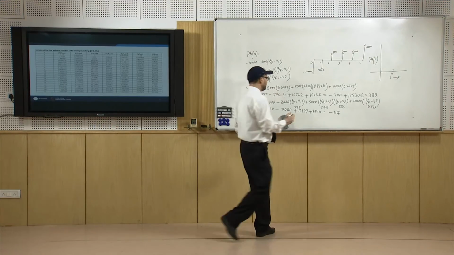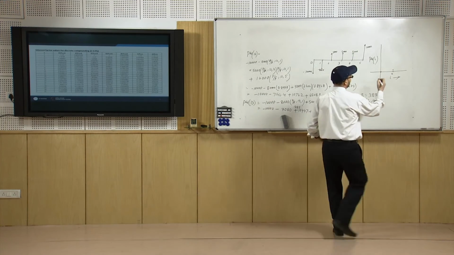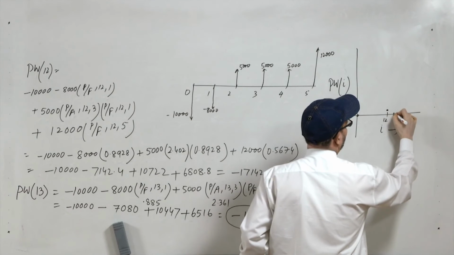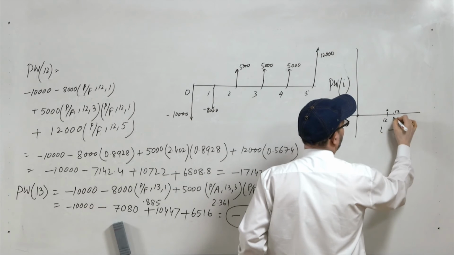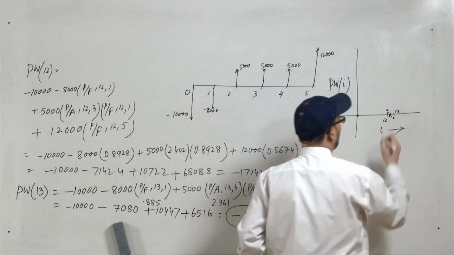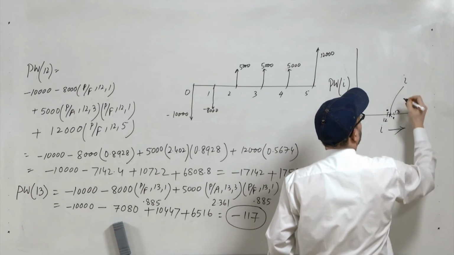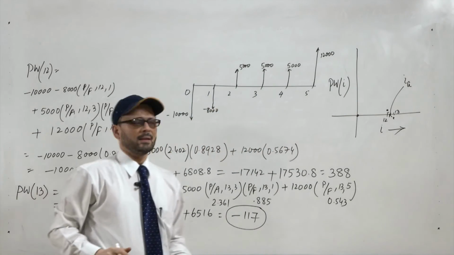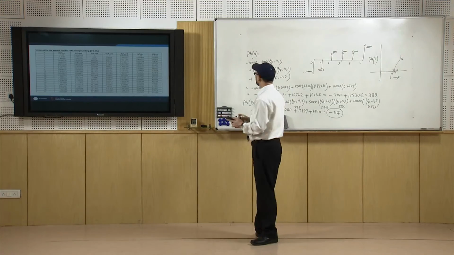Now, see that for 13% interest rate it has gone negative. It means at some point in between, this point will be the rate of return. Now, this point can be found by using the interpolation method.